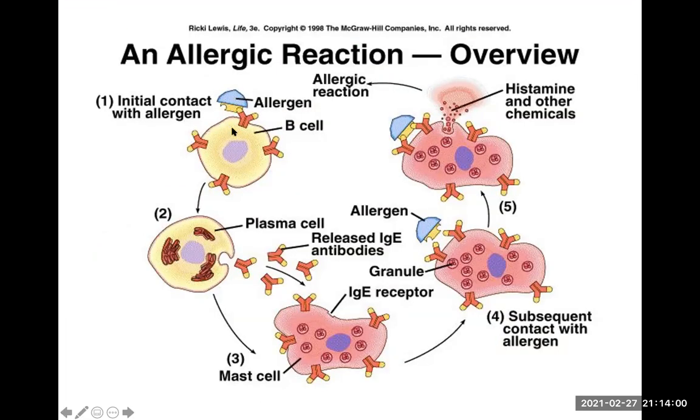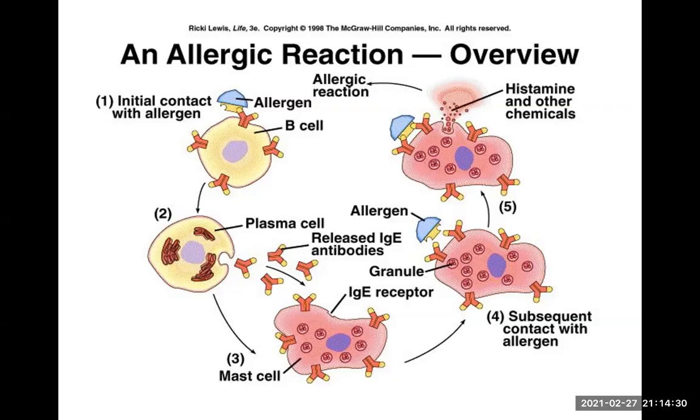In this case, you have the initial contact with the allergen, then you have the plasma cells that are developed, the mast cells that develop from there, right? They differentiate. What happens upon subsequent contact with that allergen is you're going to have more and more allergic responses because your body's trying to fight off that particular allergen. The first time you interact with, let's say, pollen that you're allergic to, maybe you have a runny nose.